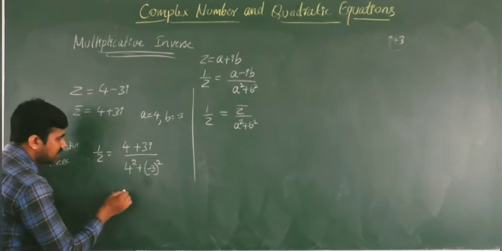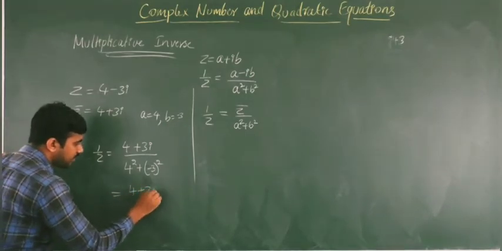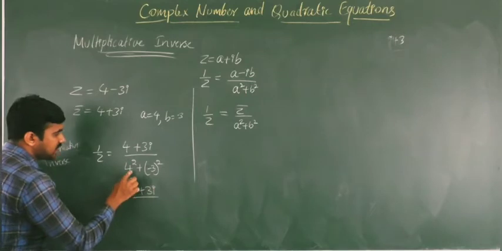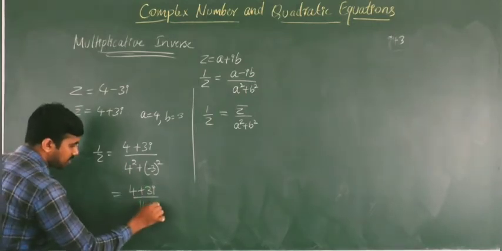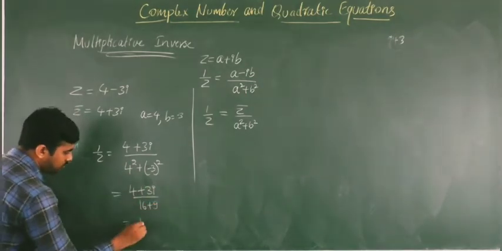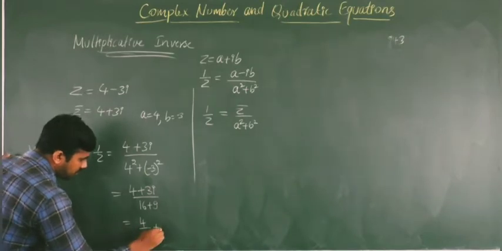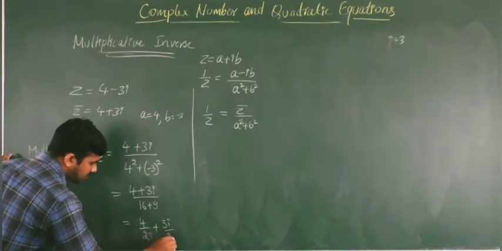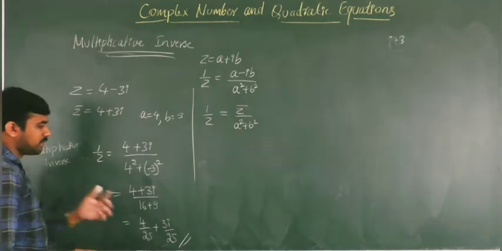Or this can be written as 4 plus 3i divided by 16 plus 9, 25, isn't it? So 4 by 25 plus 3i by 25. So this is the answer, because the denominator value is 25.